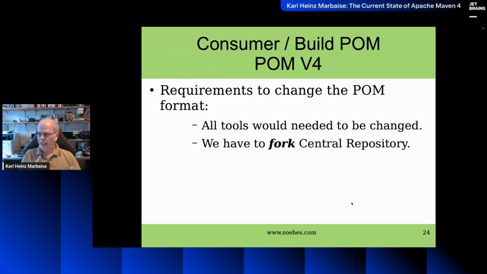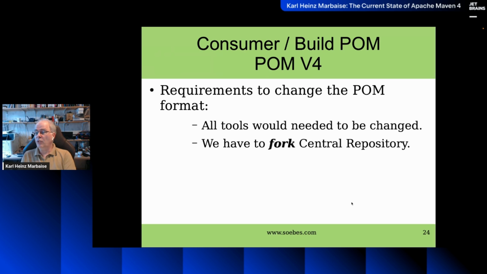And if you do that, you can't do that very easily because many people already suggested, why don't you simply change the POM file? The problem is because it's consumed by so many things, people and tools, of course. And if you do that, it will break things. And that's the big issue here.